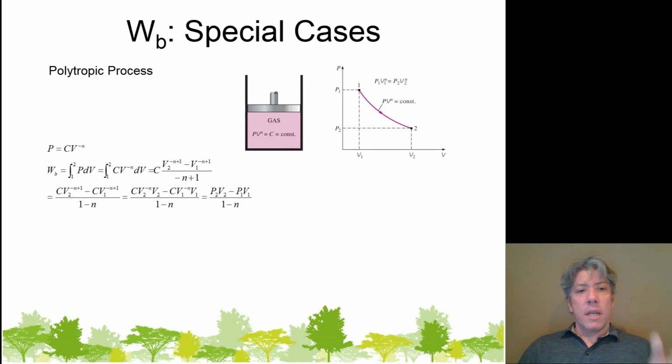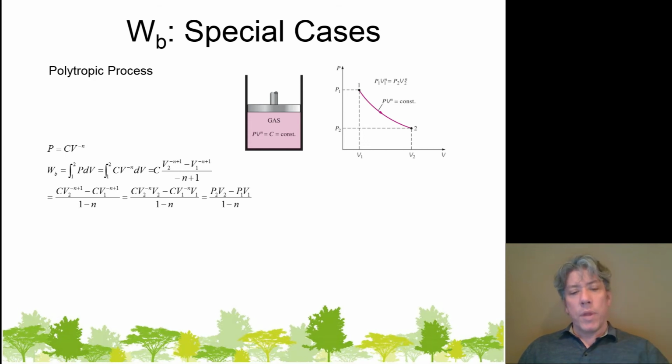And then, if you remember rules of exponents, V to the negative n plus 1 is the same thing as V to the negative n times V to the first power, or just V. And so we can make that substitution as well, breaking up the negative n plus 1 exponent in both of those volumes in the two states. And then you might recognize that C times V2 to the negative n is just the pressure in state 2, just like C times V1 to the negative n is just the pressure in state 1 by our starting equation.